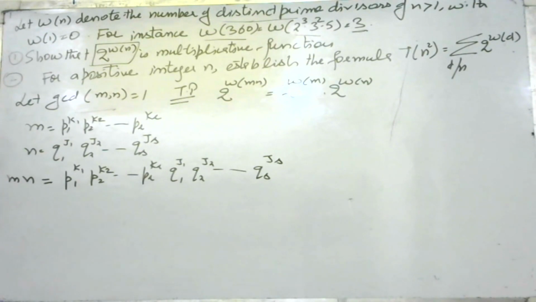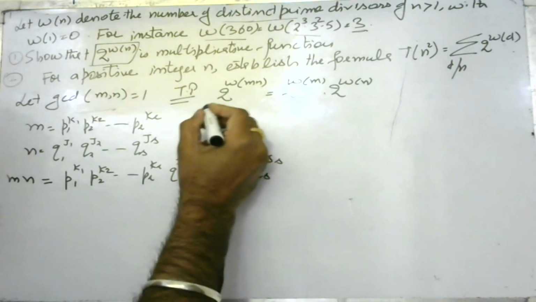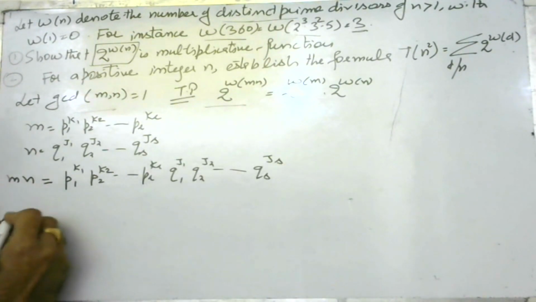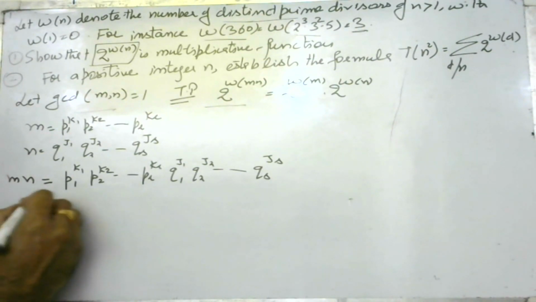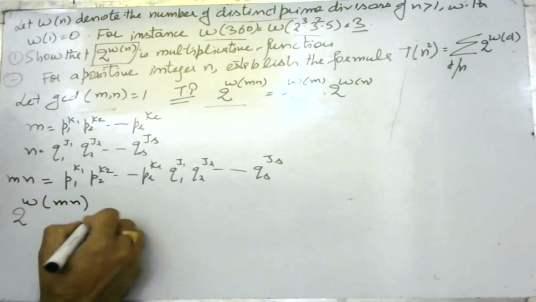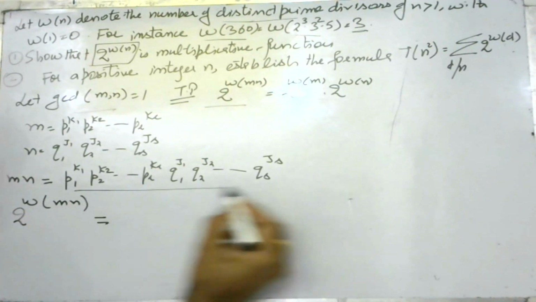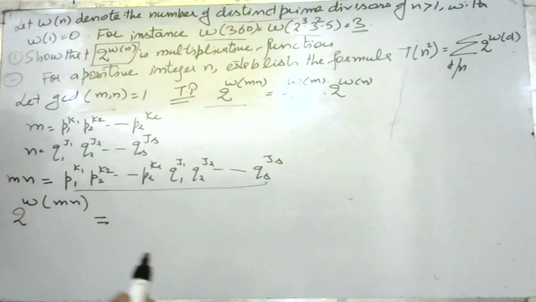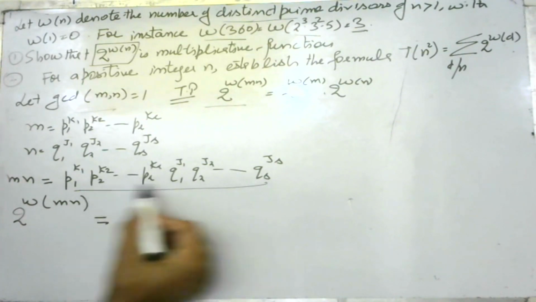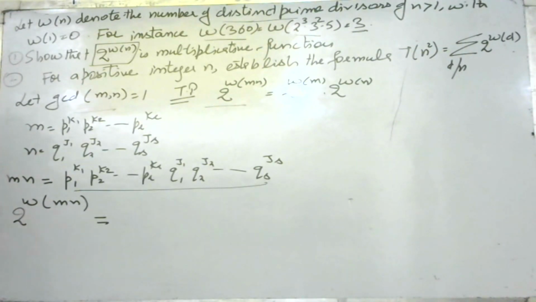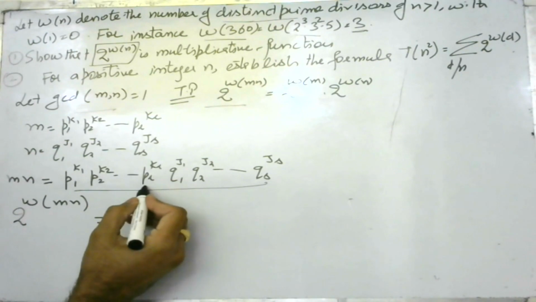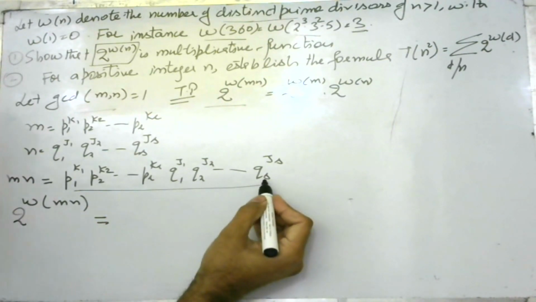Now let us try to find the value of the left hand side, that is 2 power w(mn). As we have already written the value of mn, very easily we can find how many distinct primes are there in this product. So we have r p's and s q's.